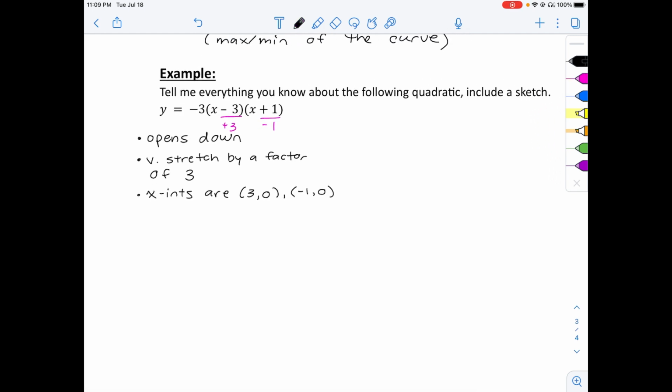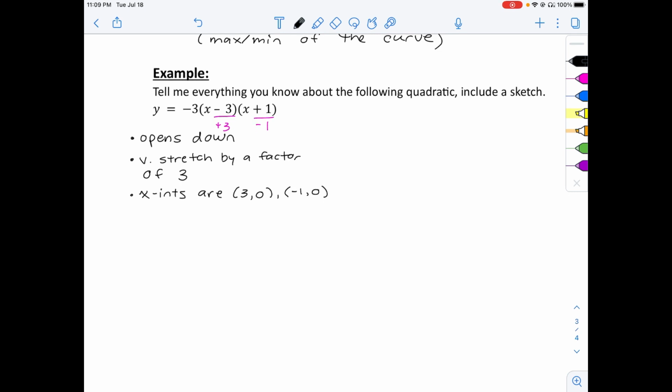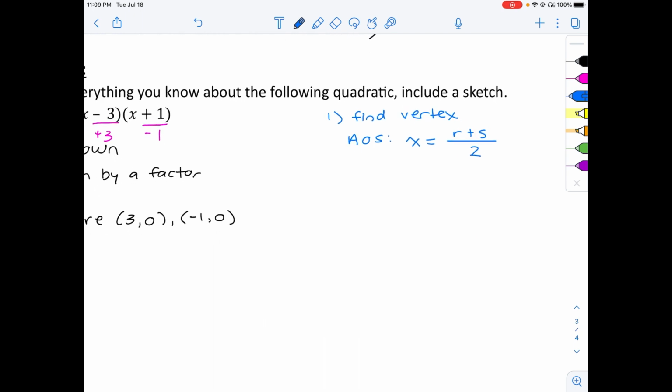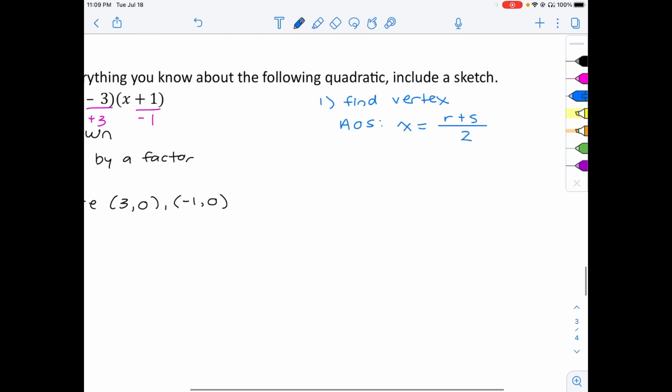And we just learned how to find the vertex, so that's what I'm going to do over here. I'm going to find the vertex. I'm using my equation for the axis of symmetry: x equals (r plus s) over 2, where r and s are the x values of my x-intercepts. I said they were 3 and -1, so x equals (3 plus -1).